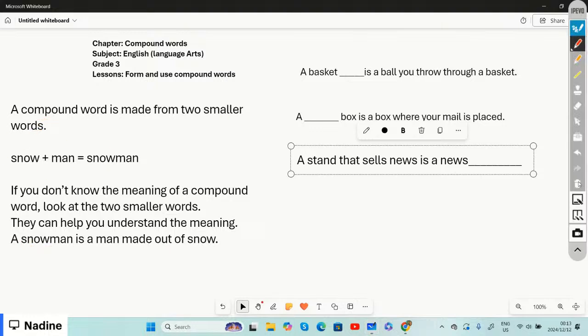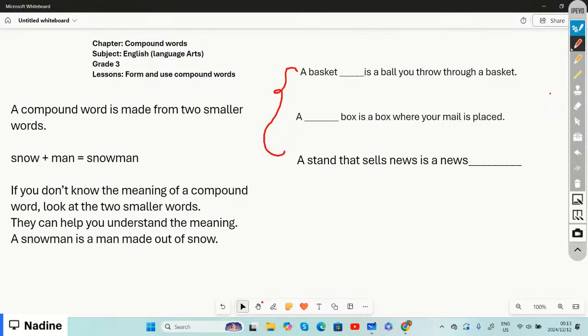All right. So now we're going to first create a few compound words before coming back to forming compound words. Remember, we said a compound word is made up of two smaller words until we get the meaning of the new word.